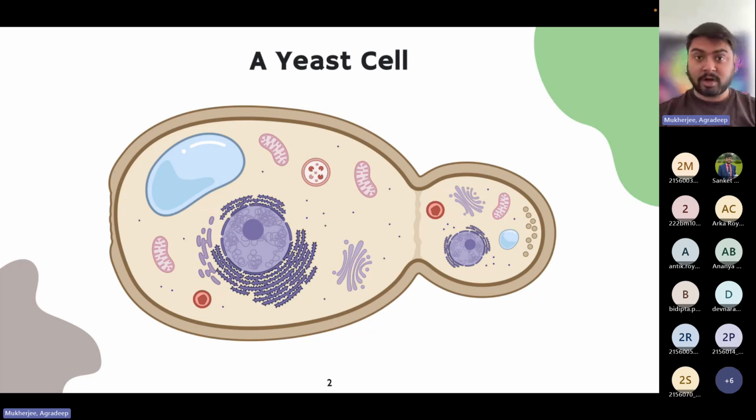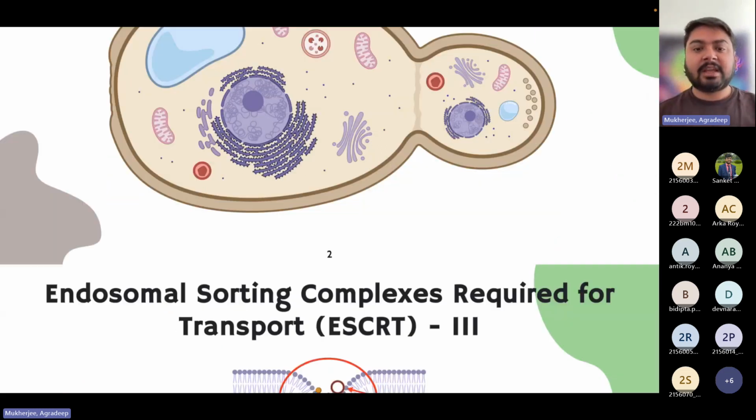I work on such an army of proteins, called endosomal sorting complexes required for transport, or ESCRT-3s. So there's a cascade of ESCRT zeros, ones, twos and threes. I work on the last protein complex.